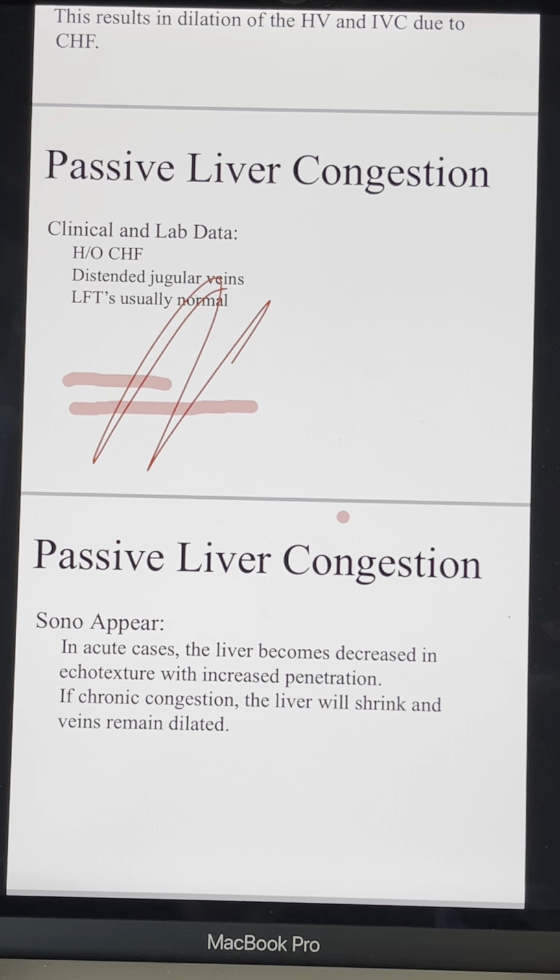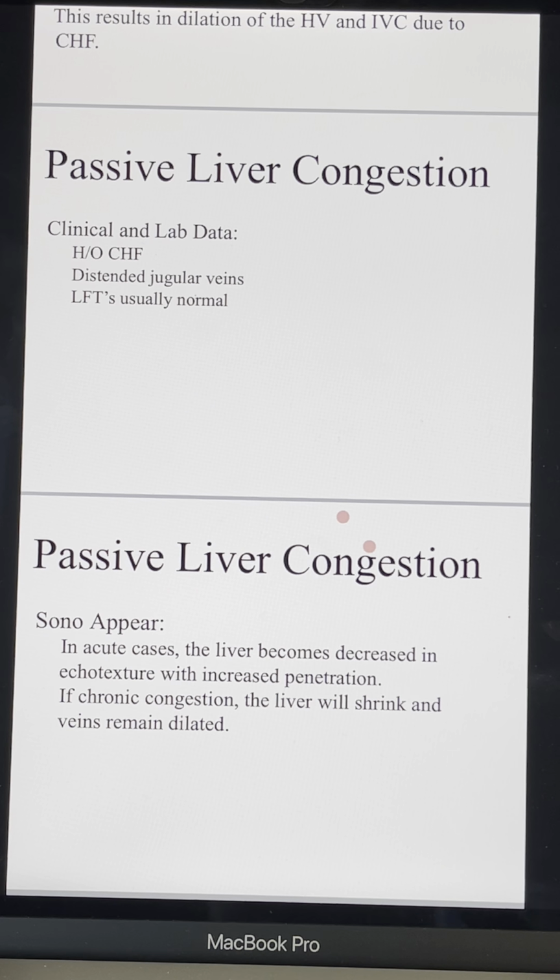Sono appearance. In acute cases, the liver becomes decreased in echotexture and increased penetration.